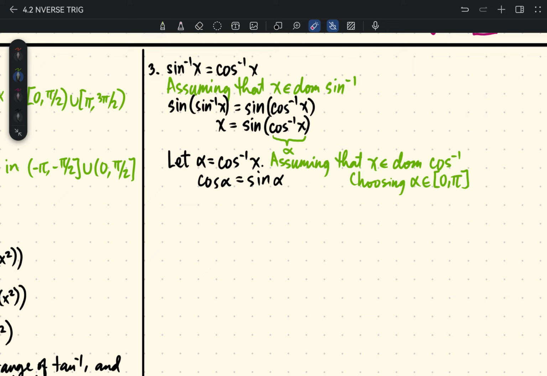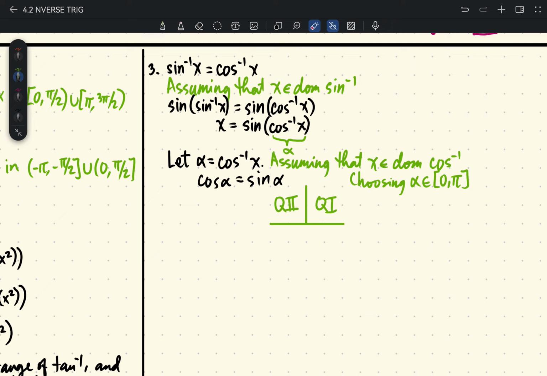Let's try and draw our coordinate plane. So since alpha is in 0 to pi, we're just considering quadrants 1 and 2. In quadrant 2, is it possible for cosine alpha to be equal to sine alpha?